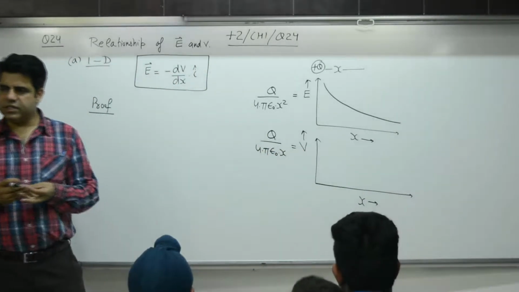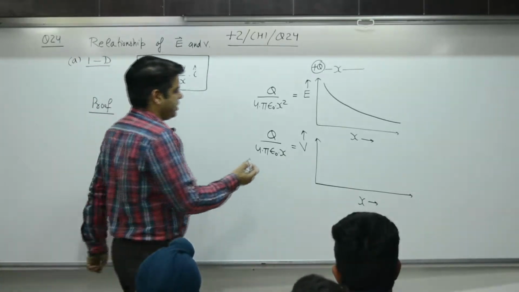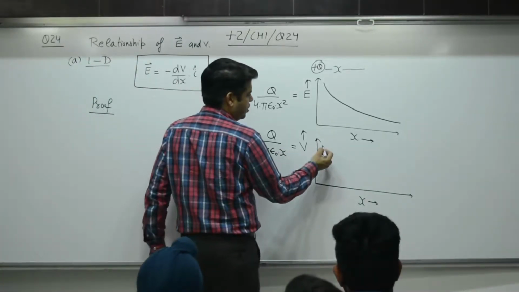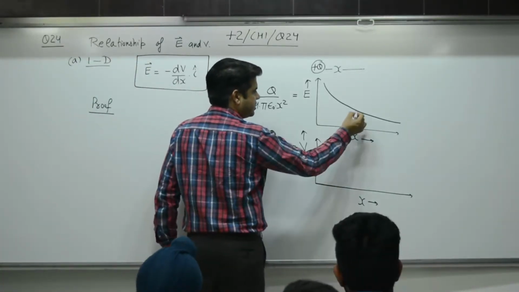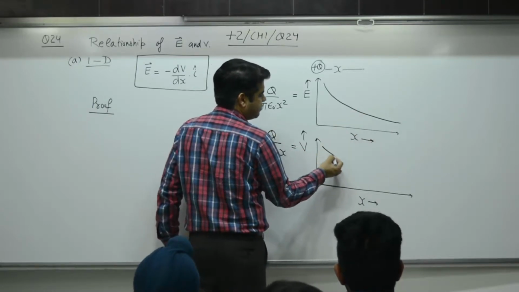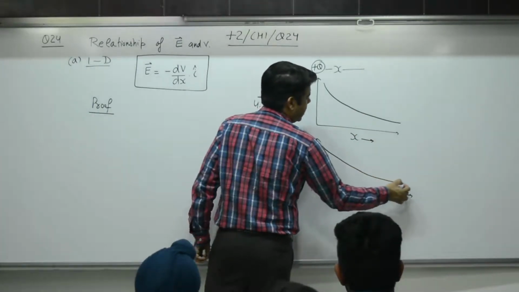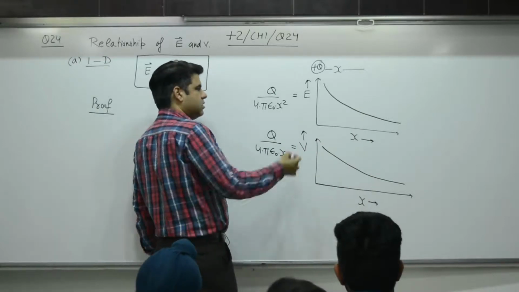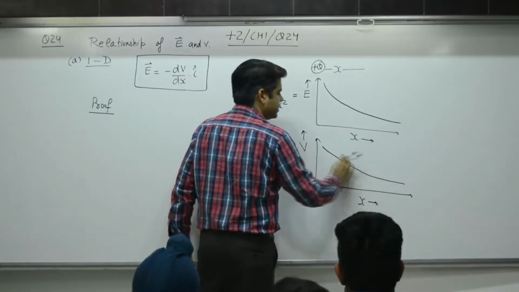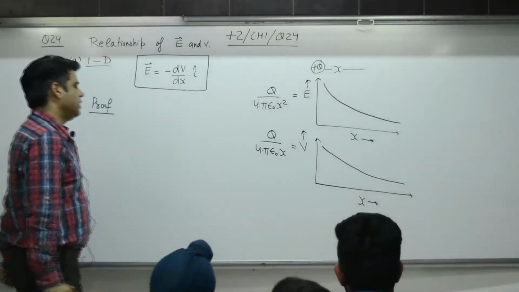Earlier it was r, now x. In this case also, V is inversely proportional to x, but E is inversely proportional to x square. That is why the potential curve is relatively less sharp; the steepness is more for E and less in this case.